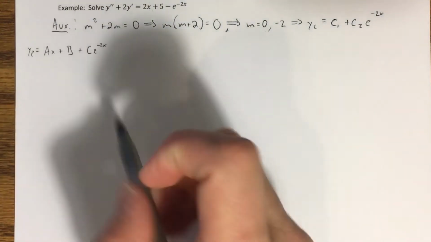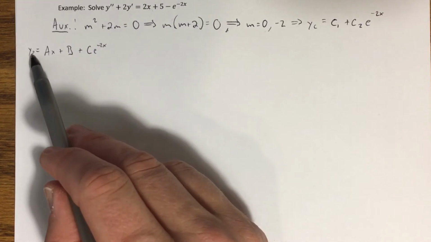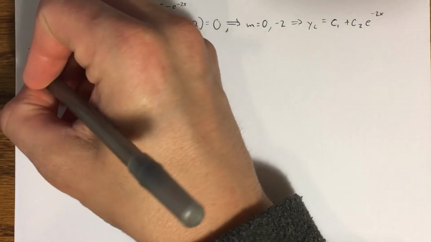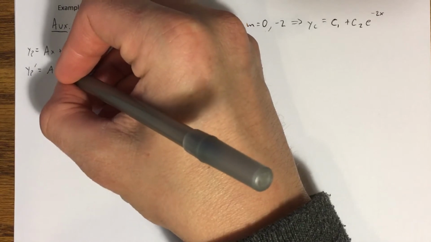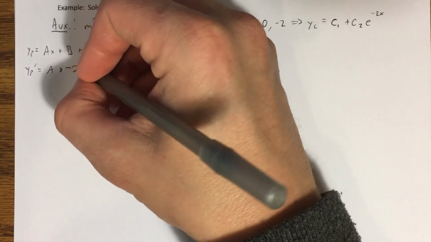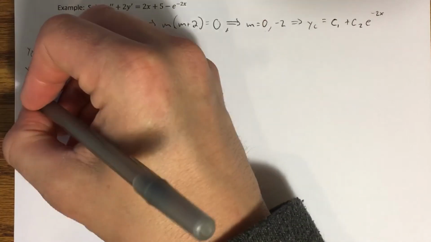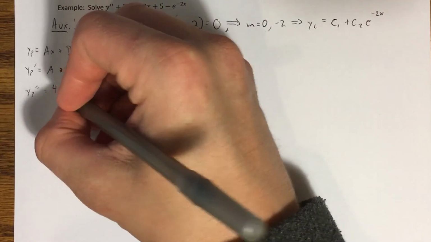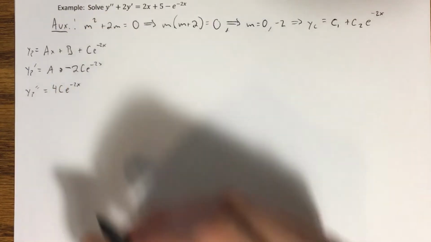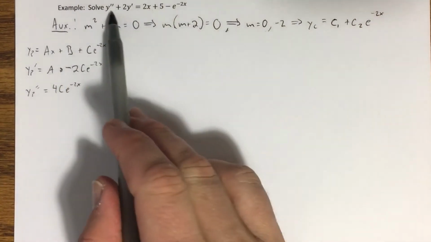So we need y prime, we need y double prime, so I'm going to differentiate this. We have yp prime equals a minus 2c e to the negative 2x, and then yp double prime is going to equal 4c e to the negative 2x. Let's plug this into our DE now.